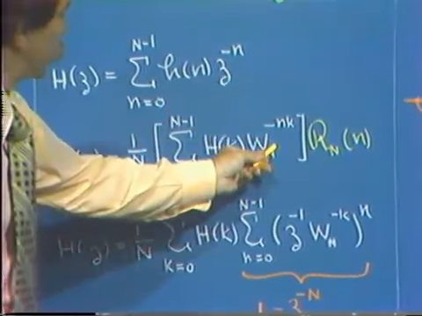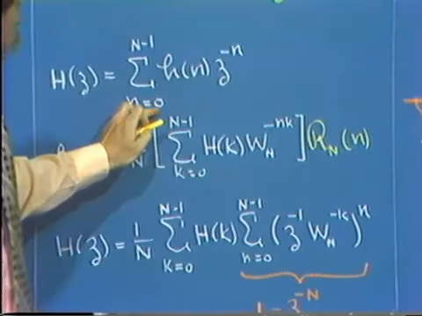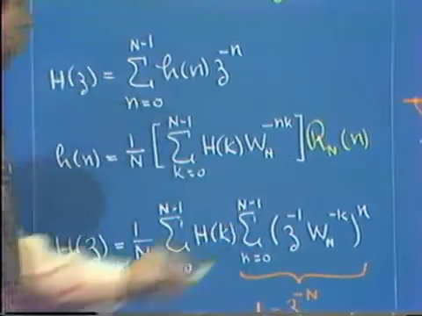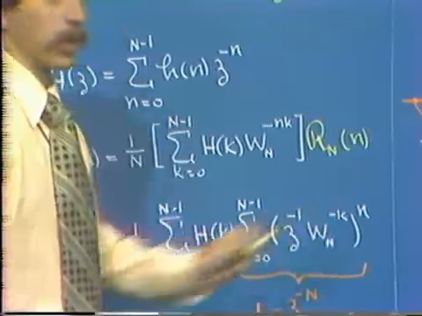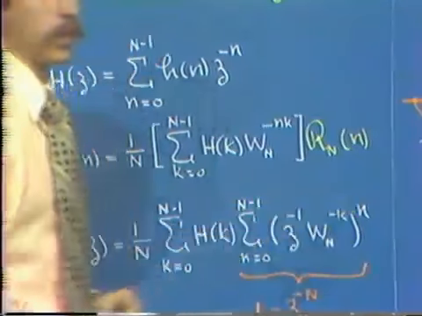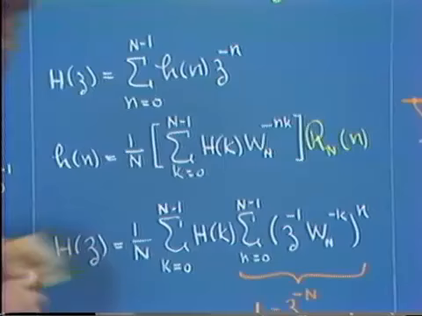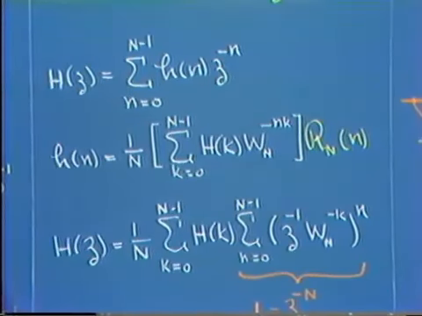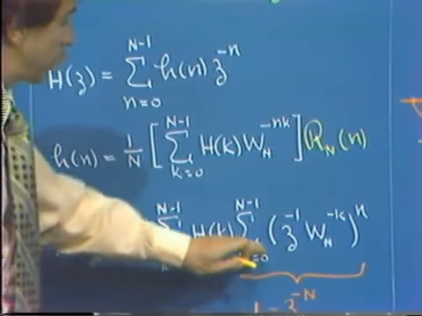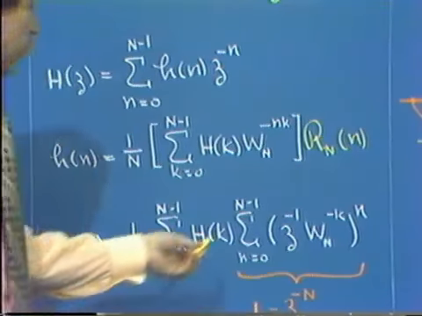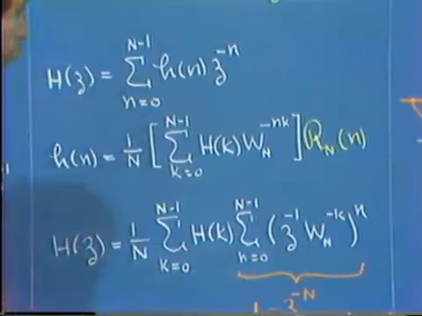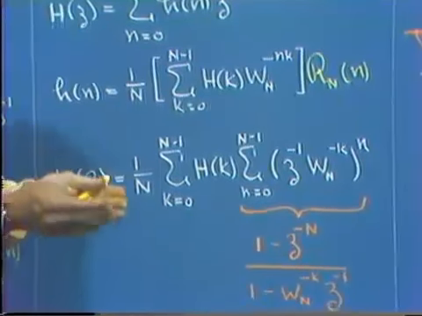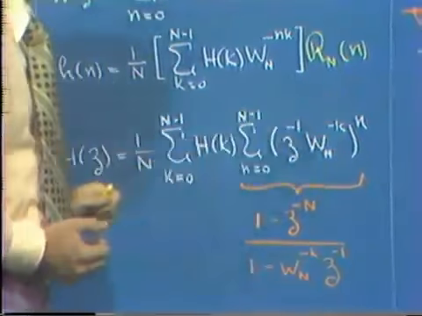And this term and this term are involved in the sum on n, and they result in the sum from 0 to capital N minus 1 of z to the minus 1, W sub capital N to the minus k, that raised to the nth power. Well, this is the kind of summation that we've been carrying out again and again, particularly in talking about finite length sequences, and hopefully this is another kind of summation that by now you carry around in your hip pocket. It's the sum from 0 to capital N minus 1 of something of the form alpha to the n, where the alpha happens to be that.